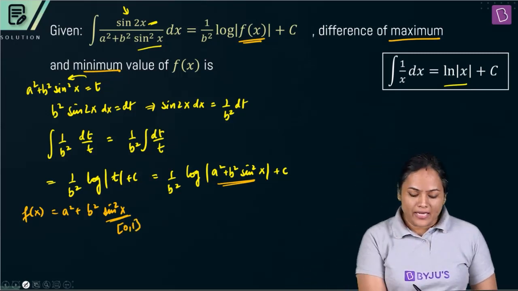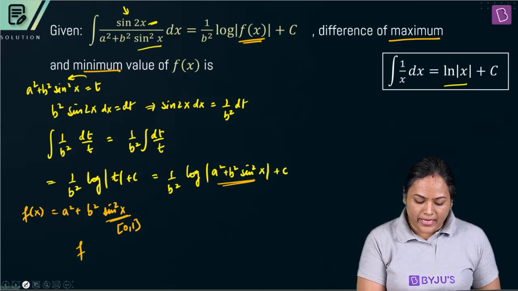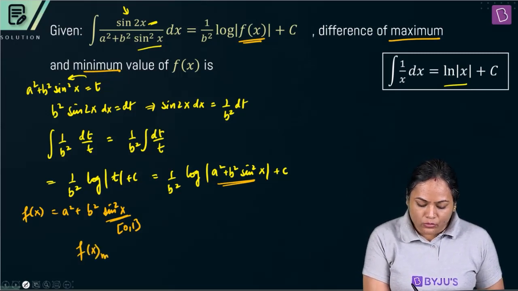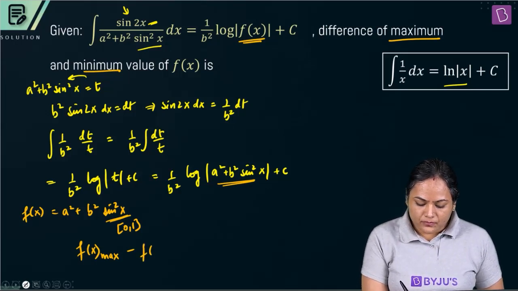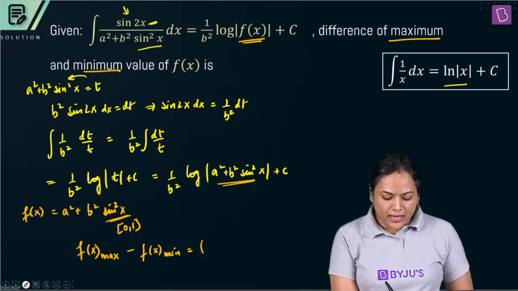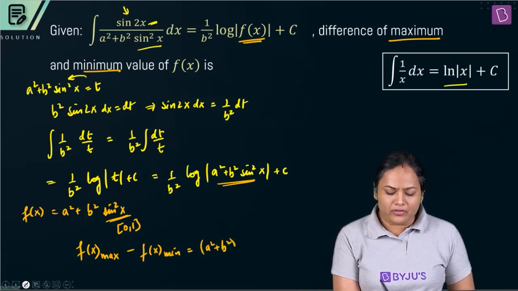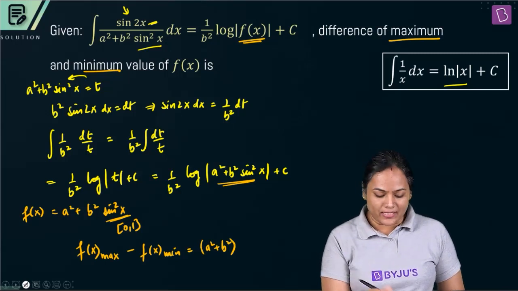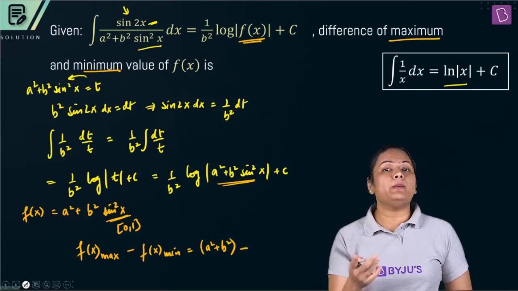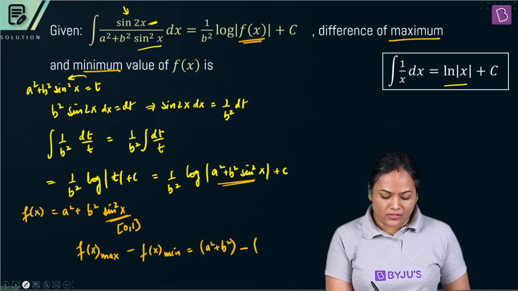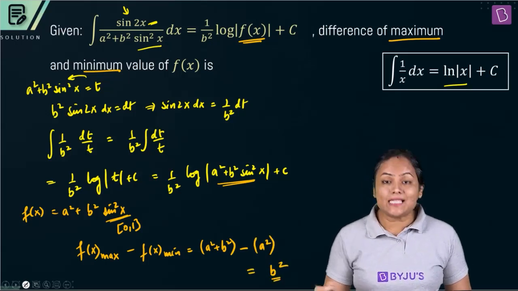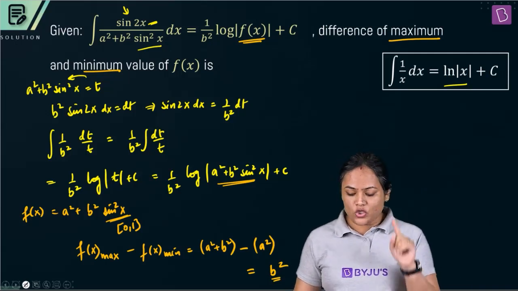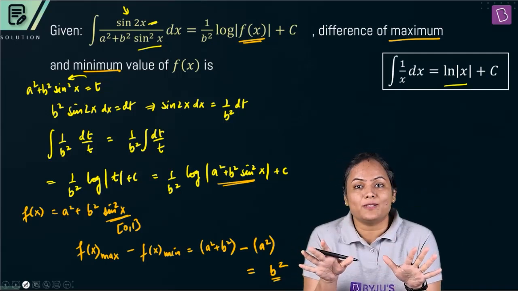And therefore, my fx maximum value minus fx minimum value will be, maximum will become a square plus b square, when sine square x is 1, minus minimum, which is when sine square x is 0, that is going to give me a square. So the difference is coming out as b square, which will become the final answer.